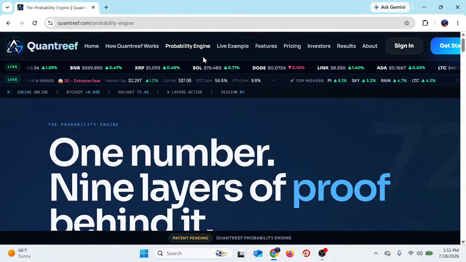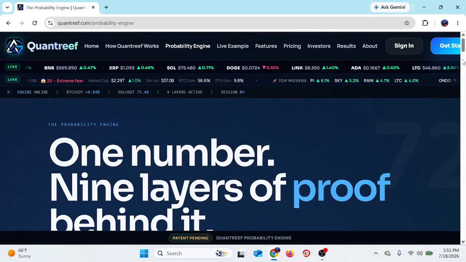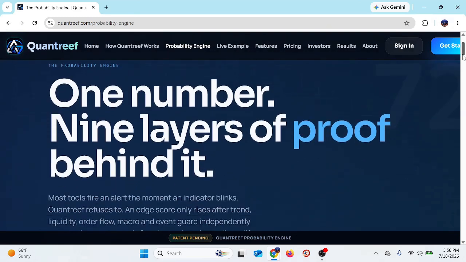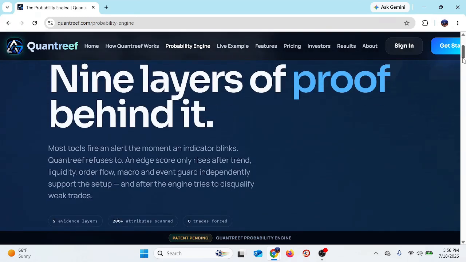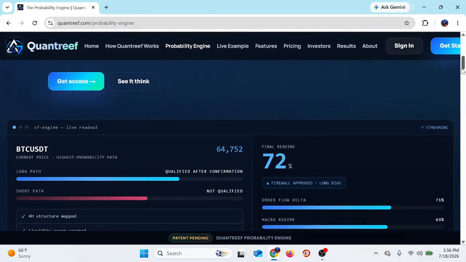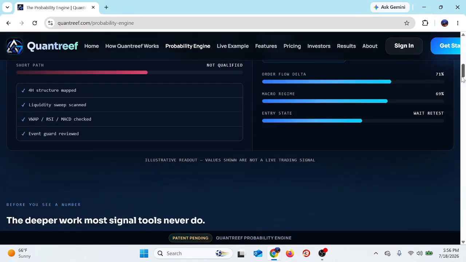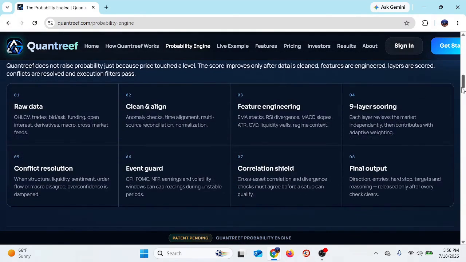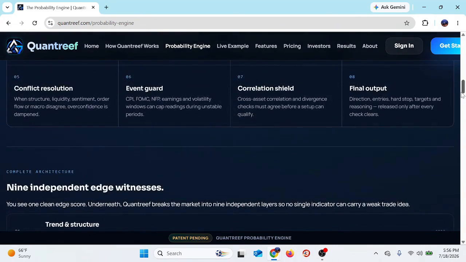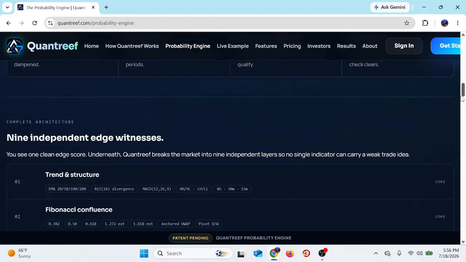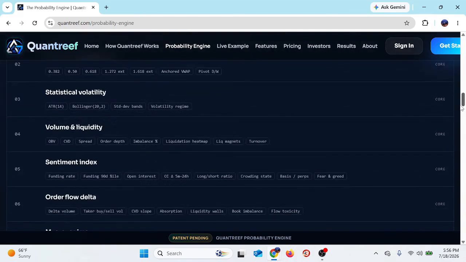How does it work? When a trading opportunity appears, Quantreef isn't trying to predict the future. Instead, it asks three important questions. Is there enough market evidence to justify taking this trade? The second one, how strong is that evidence compared to other trades?